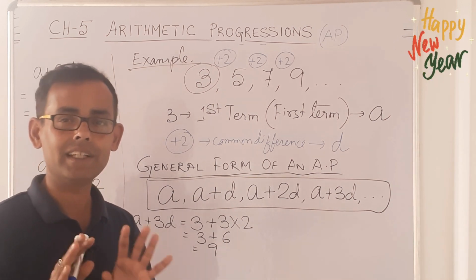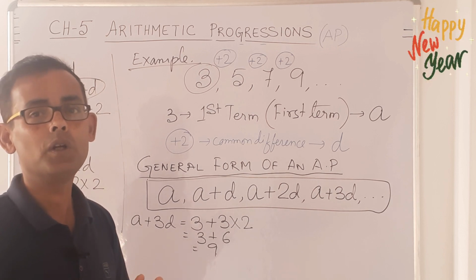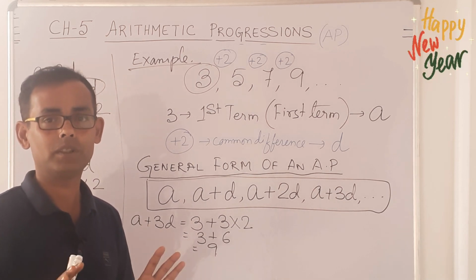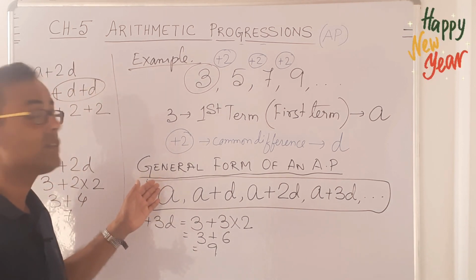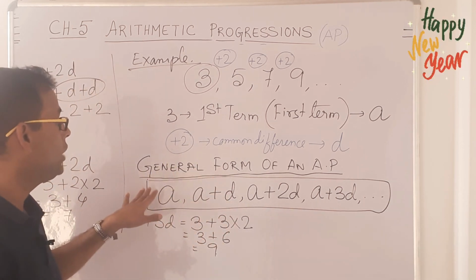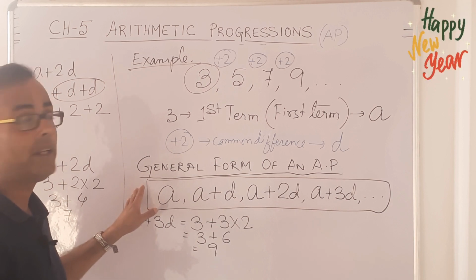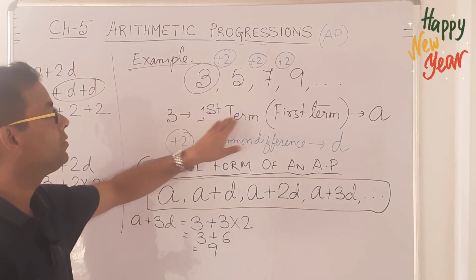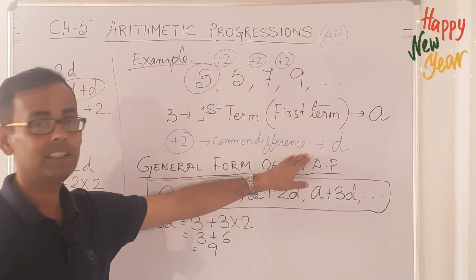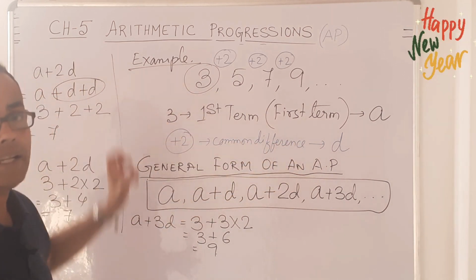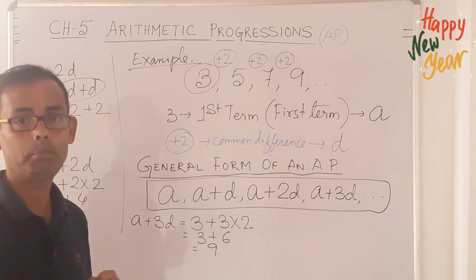Arithmetic progression is an easy chapter, not a difficult one. So understand this general form of an AP: the first term is known as A, the common difference is known as D. Clear or no? And you have to understand the pattern also.